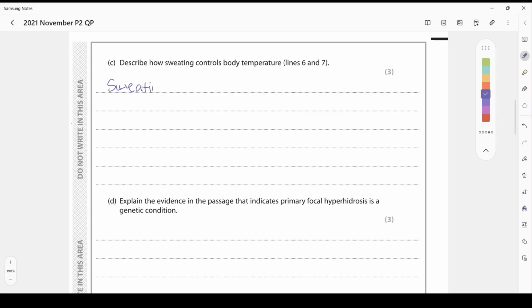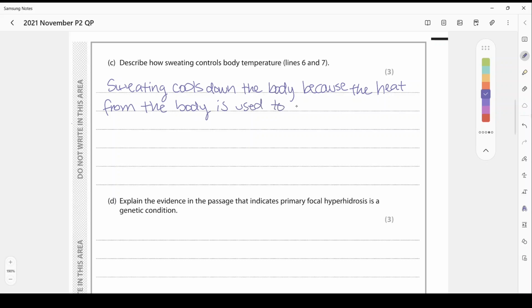So sweating cools down the body because the heat from the body is used to evaporate the sweat on the surface of the skin.